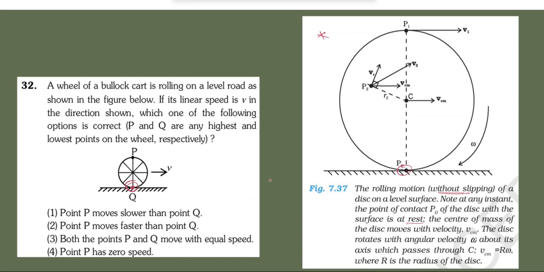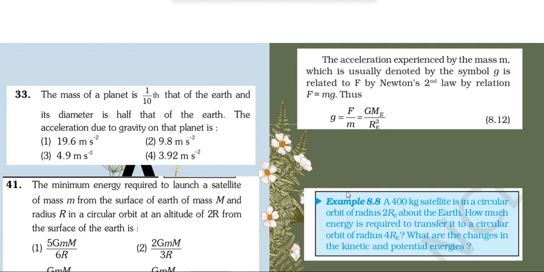The disc rotates with an angular velocity omega about an axis passing through C, where r is the radius of the disc, so the topmost point will have some velocity and the lowest point has zero velocity, and of course the top velocity is given as 2 times VCM. So the statement that both points P and Q move with equal speed is wrong. Point P moves faster than point Q. That is correct in the case of this question. This is from a direct NCERT line, with reference to figure 7.37.